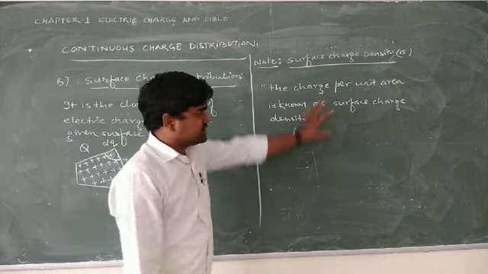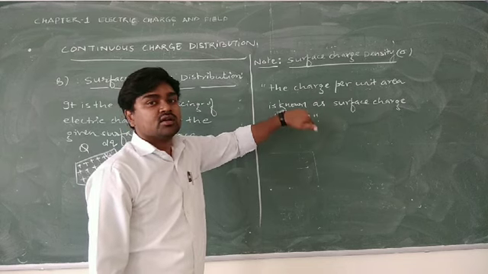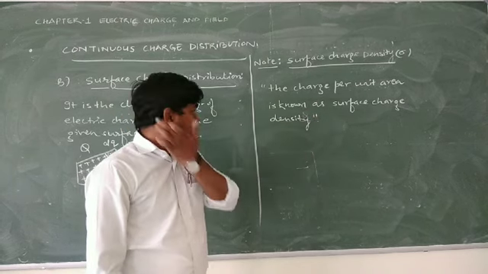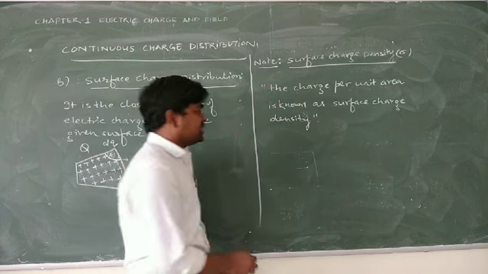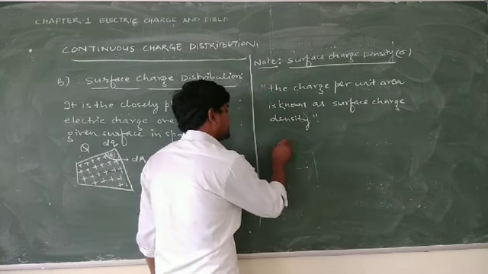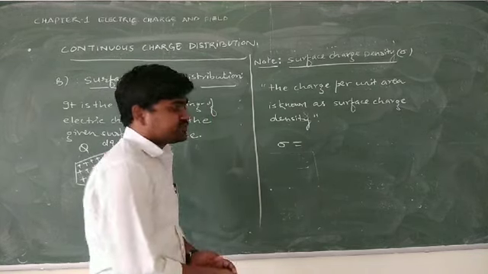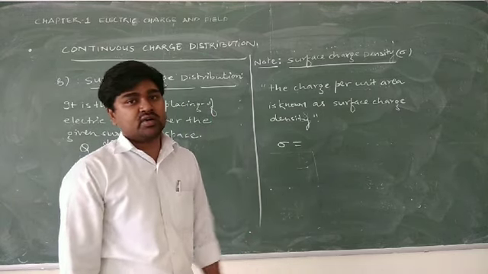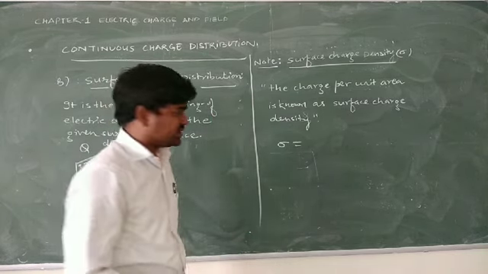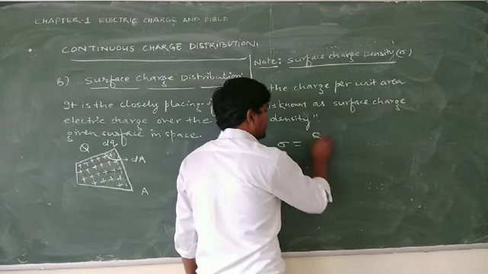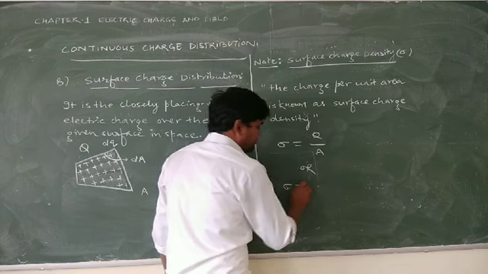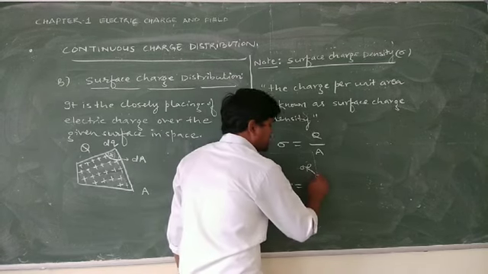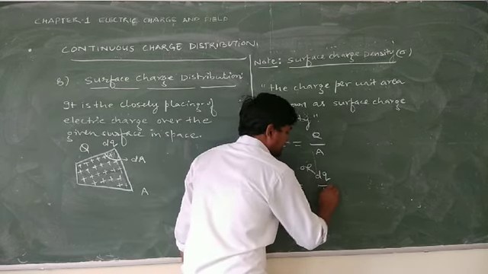So according to this definition, if we want to formulate the formula for surface charge density, then the surface charge density will be equal to the total charge divided by the total given surface area of the surface, means q by A. Or similarly, sigma will also be represented by dq by dA.